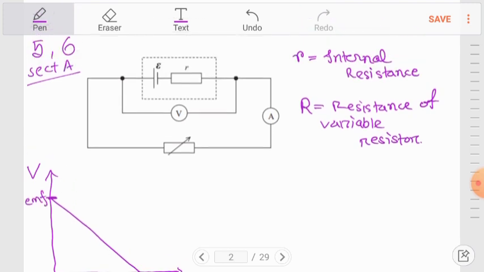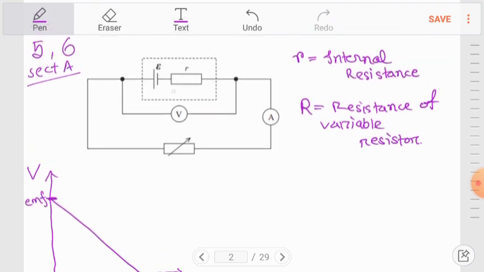Now as we can see, the internal resistance and the variable resistor are connected by one wire, which means that R and small r, the variable resistance and the internal resistance, are connected in series.